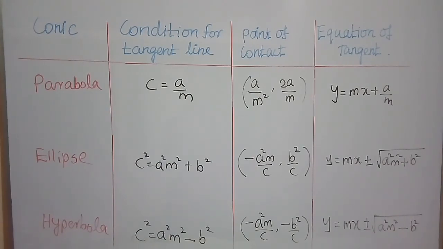Then the point of contact is minus a square m by c comma minus b square by c. And the equation of tangent is y is equal to mx plus or minus square root of a square m square minus b square. So you should make all these thorough before learning exercise 5.4.